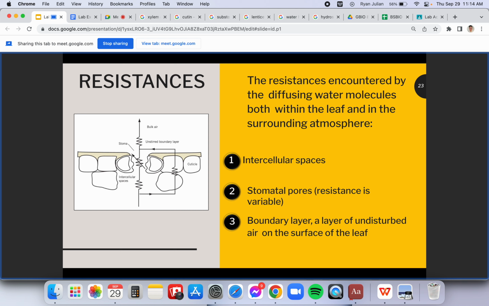Resistance is variable or factors. And for the third one is the boundary layer, which is basically a layer of undisturbed air on the surface of the leaf. So once again, we have the inner cellular spaces, stomatal pores, and boundary layer.